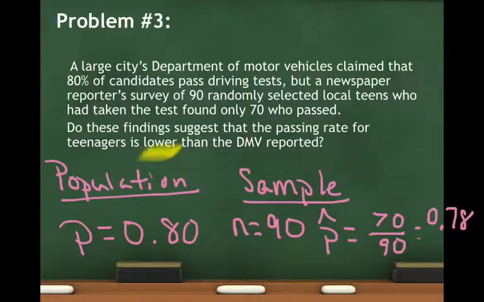Here they're trying to see if it's lower than what the DMV is reporting. There is your key word when you set up your alternative. Why don't you pause the video, make sure you have this written down for your population and for your sample, and then unpause the video and let's start with the hypothesis testing.